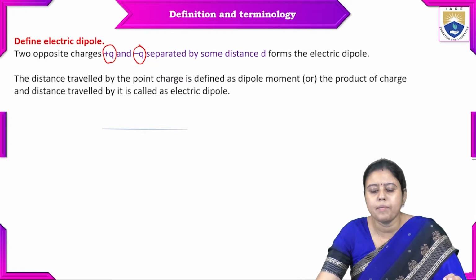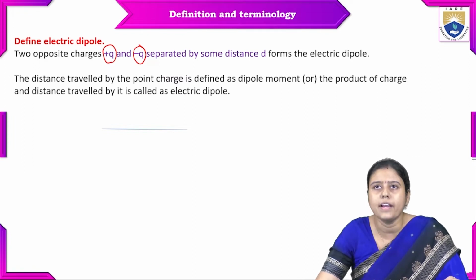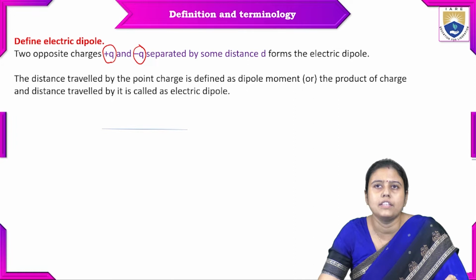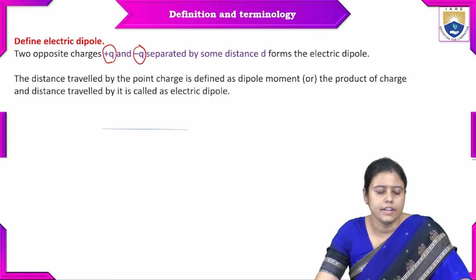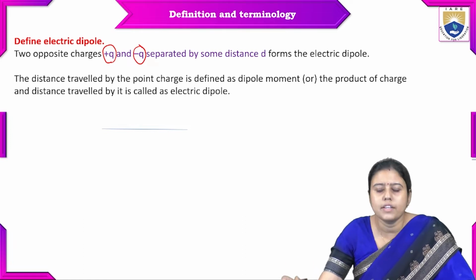The distance traveled by the point charge is defined as the dipole moment. So along with the word dipole comes another word, the dipole moment. The distance traveled by the charge, or the product of the charge and the distance traveled by it, is the electric dipole moment.